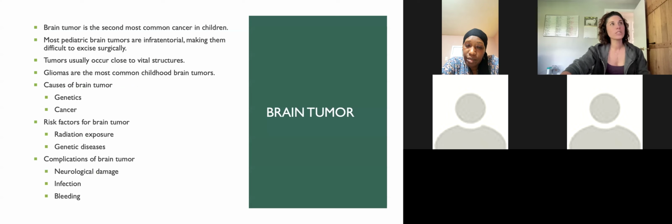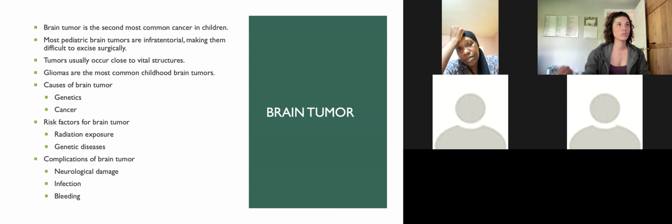Brain tumors are the second most common form of cancer in children. Most are difficult to surgically remove. They're usually close to vital structures, which makes them really hard to surgically remove without causing permanent damage.